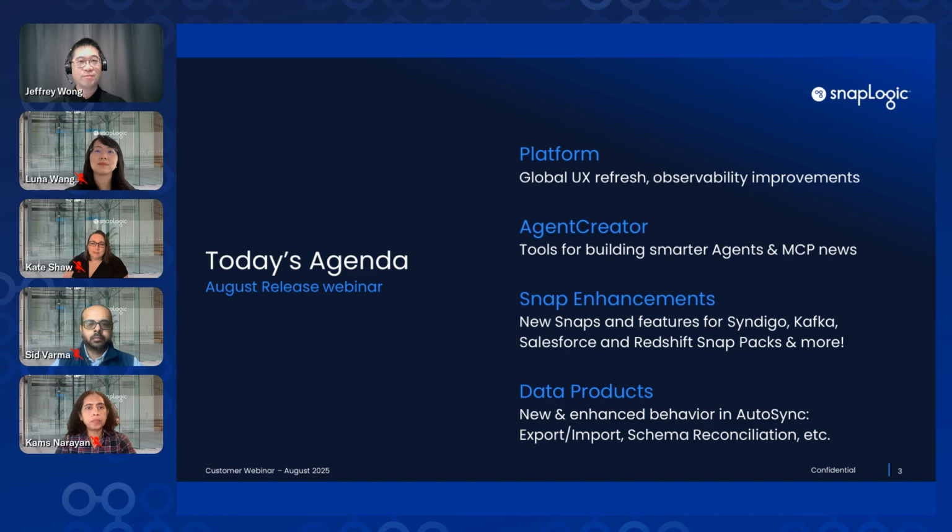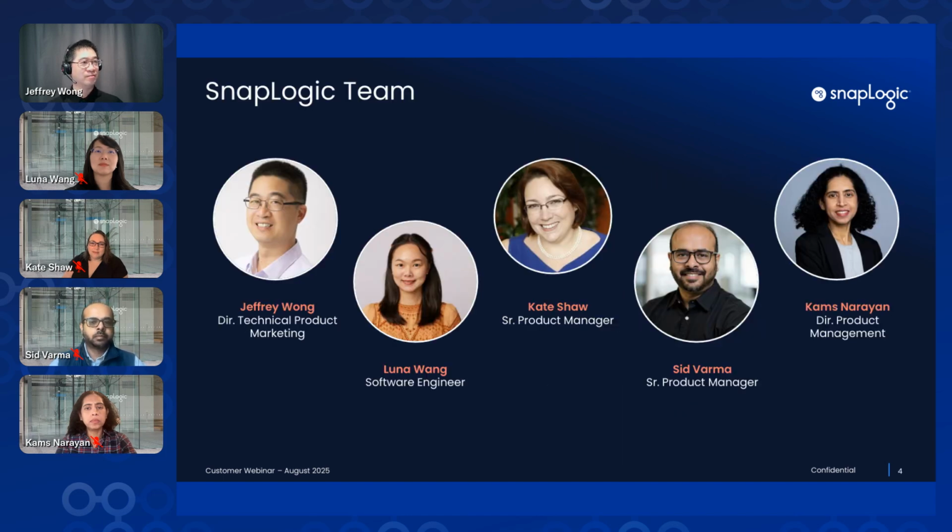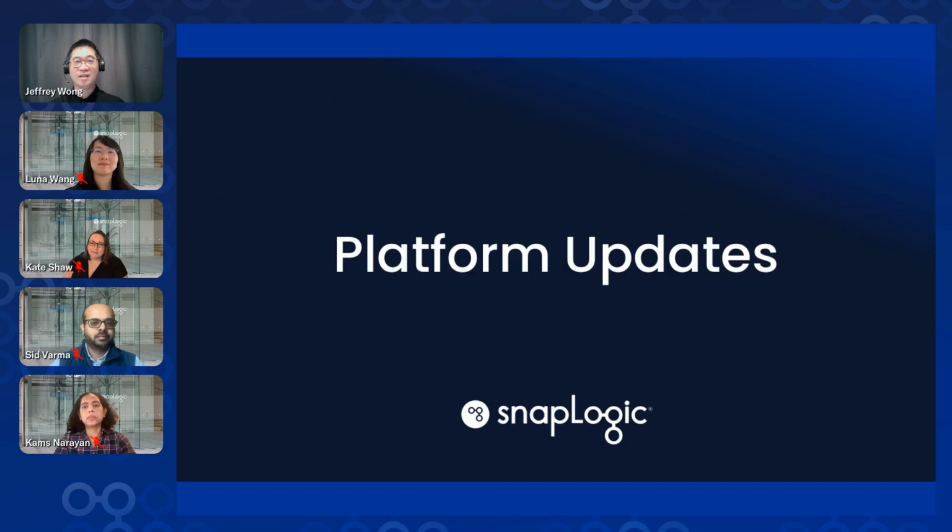And for our data products, Kate will talk about that. With that, next slide. I think I turn it over to Sid. Yep, and here are all of us, so you can line up our names to our faces. Next slide. And over to you, Sid.